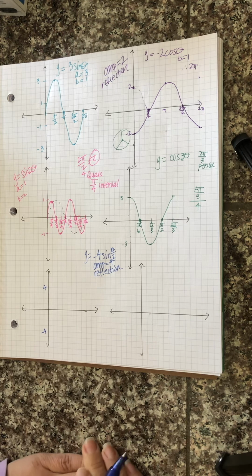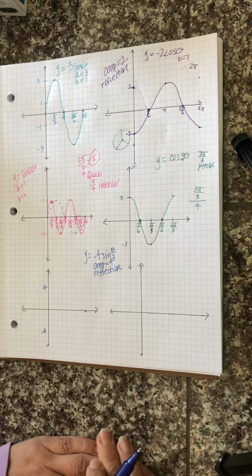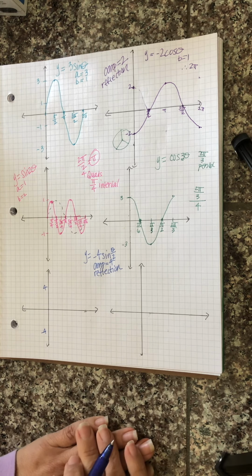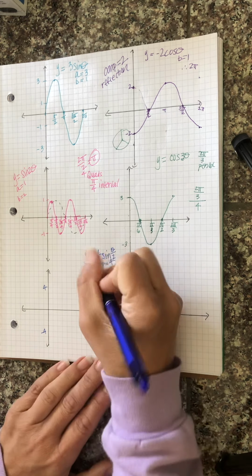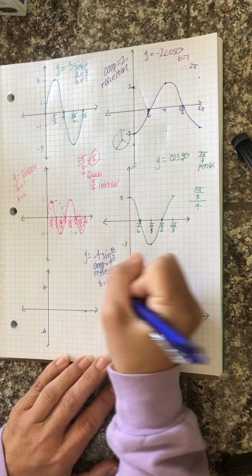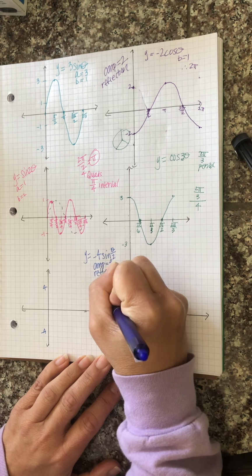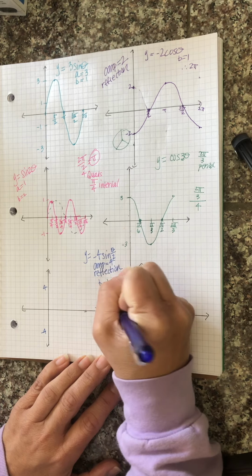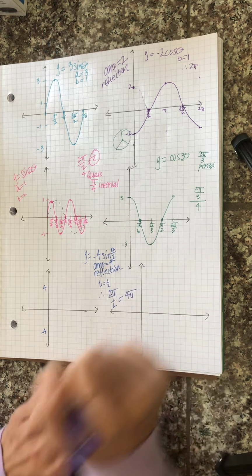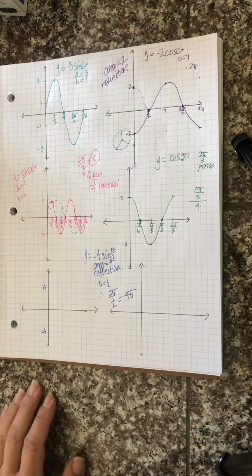Okay? All right, and then B, be careful, B is 1/2. Therefore, the period is 2 pi over 1/2, which is 4 pi. The period is 4 pi.